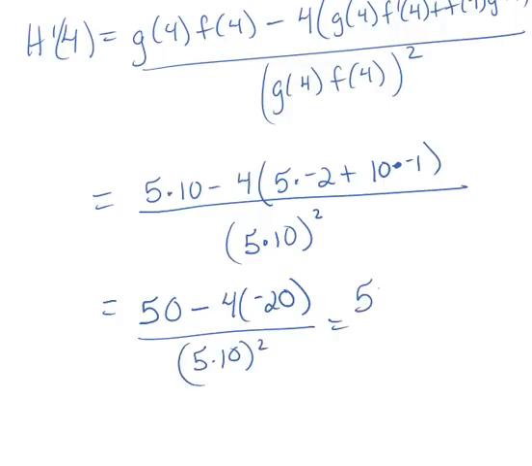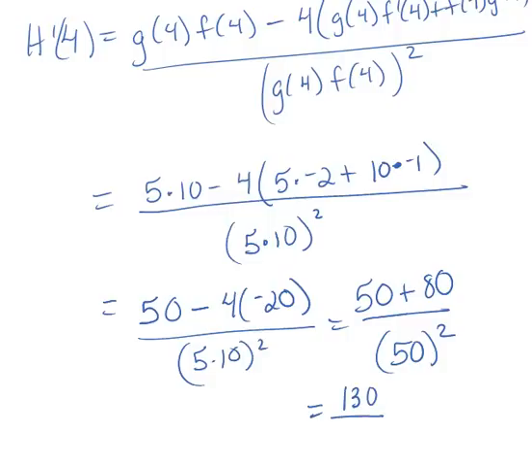So this is 50 plus 80 divided by 50 squared. So this is 50 and 80 is 130 divided by 50 squared, which is 2,500. So your zeros cancel, and so you get 13 out of 250. So that was a fun one.